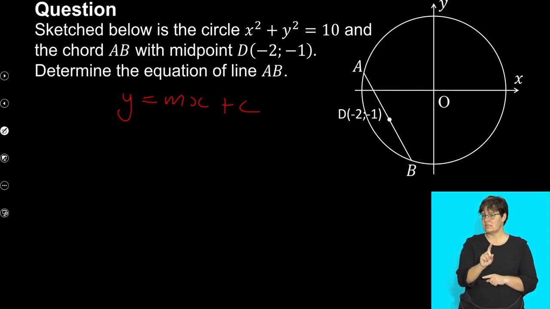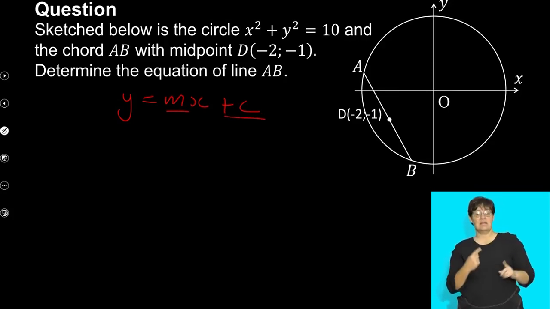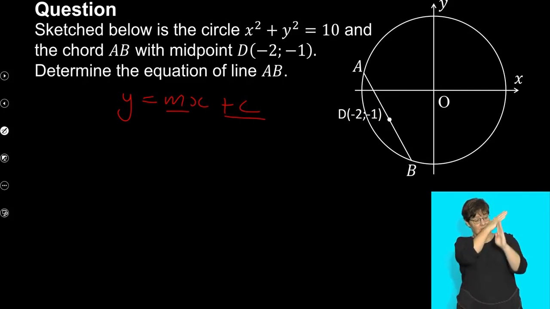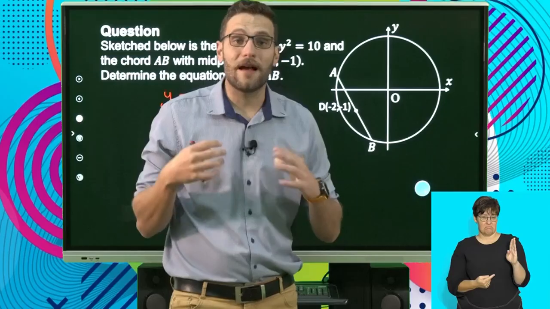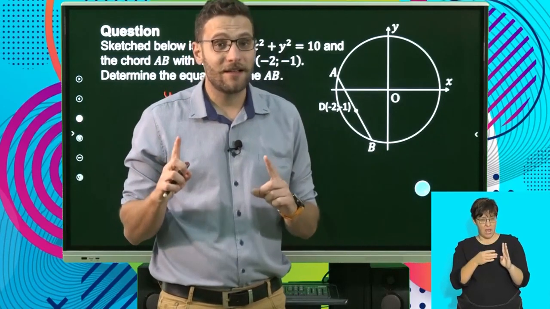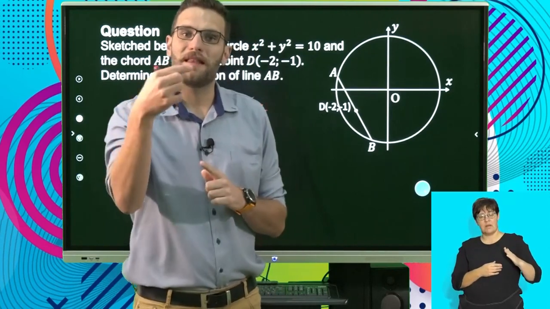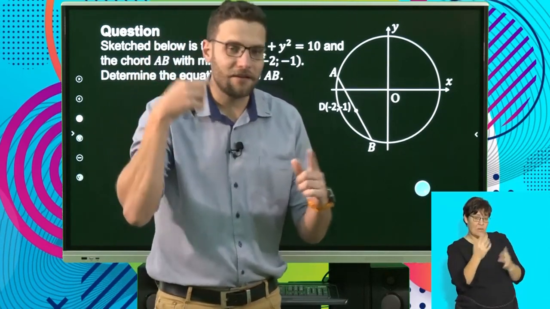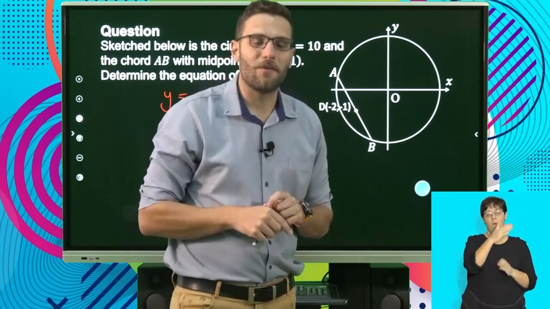I need to find the gradient and the y-cut. It's apparent from this sketch that I can't see the y-cut, so I'm going to calculate the gradient, and then sub in the point to determine the y-cut.